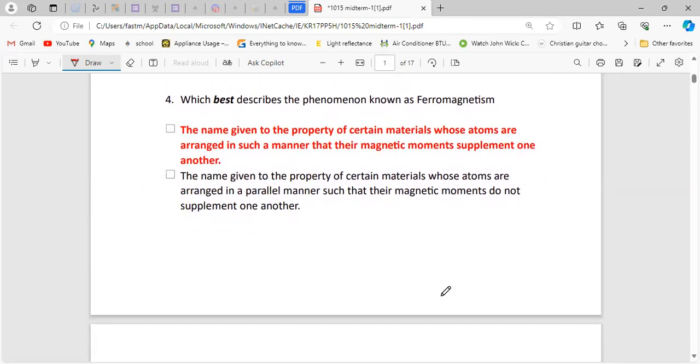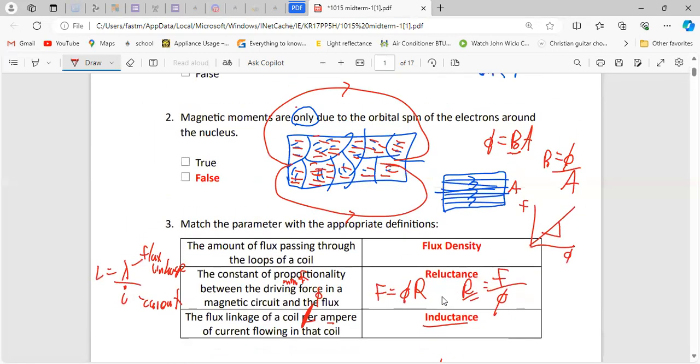Anyway, the next question: which best describes the phenomenon of ferromagnetism? Ferro is iron, and magnetism is North Pole, South Pole, with the flux aligned in the same direction. So it's the name given to the property of certain materials whose atoms are arranged in such a manner that their magnetic moments supplement one another. What I mean by this, we could go back to the same thing I drew here.